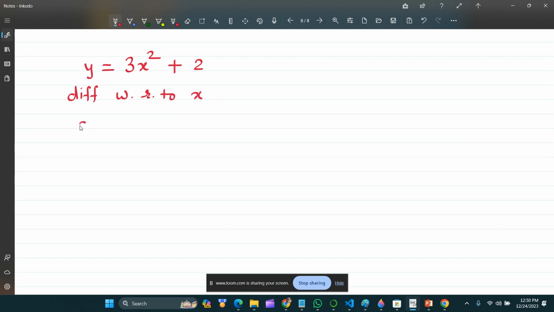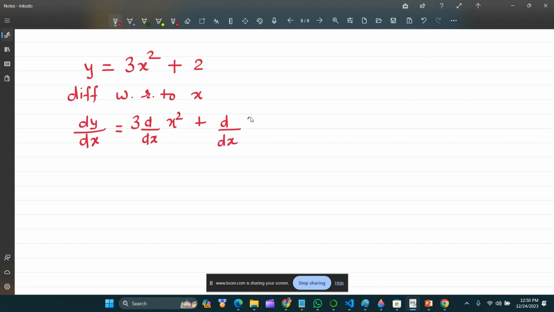Now the derivative of y is dy by dx, as all of you know. Now we take the derivative of this function. So 3 is a constant, therefore it comes out of the derivative, times the derivative of x square plus the derivative of 2.